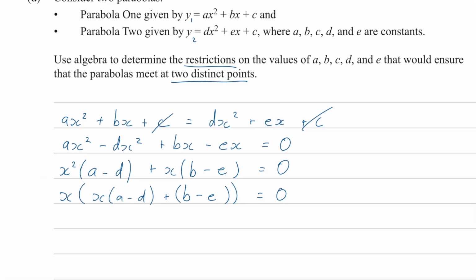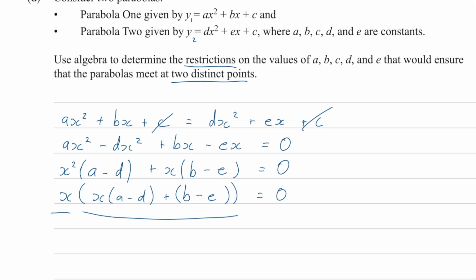And we did this so we could look at possible restrictions on a, b, c, and d. We actually eliminated c, so that tells me that it doesn't matter what the value for c is in this problem.